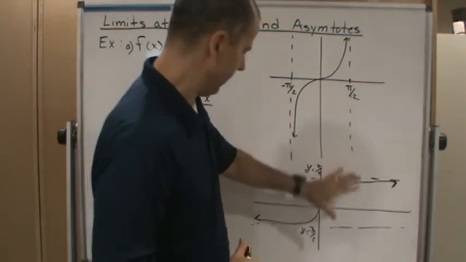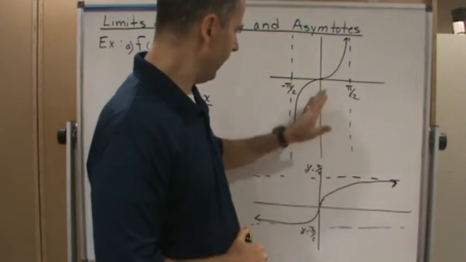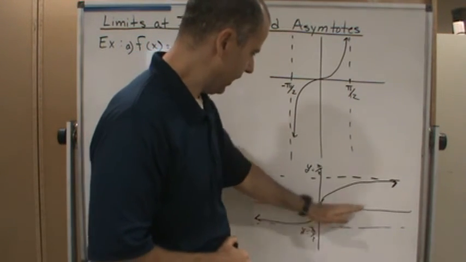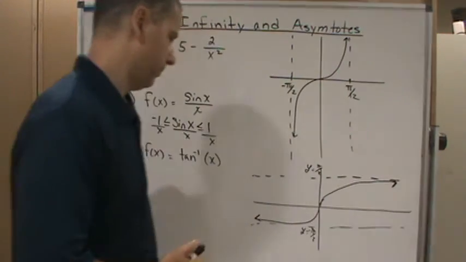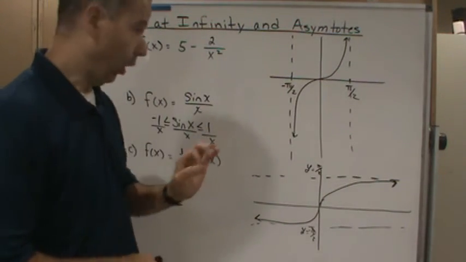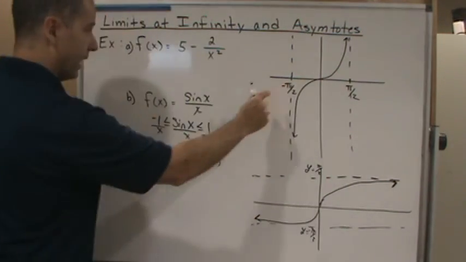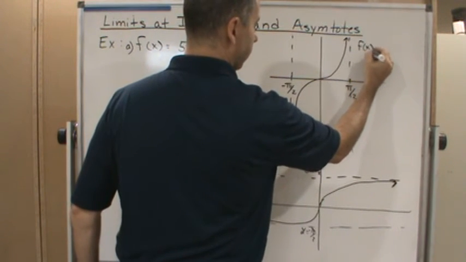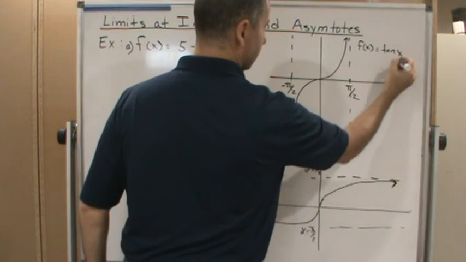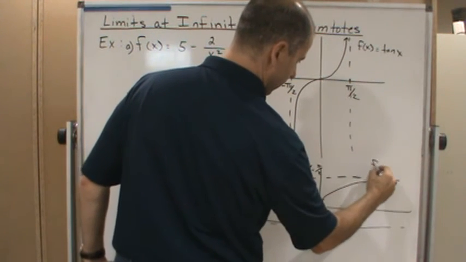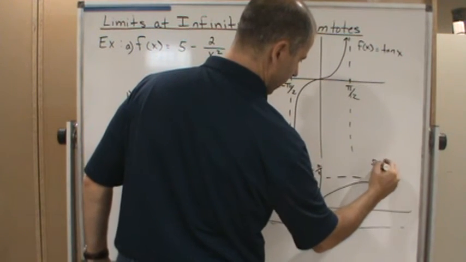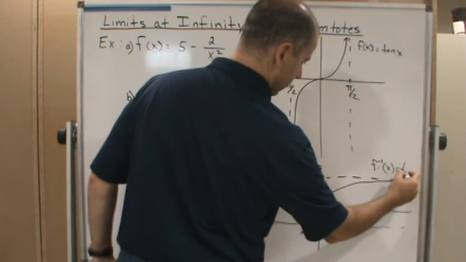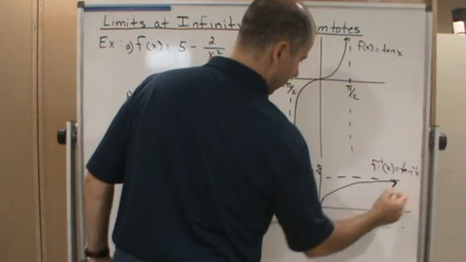You can look at the graph and deduce that since this is a reflection across y equals x, I get this, and then you can determine what the limits are. Or you can look at tangent x, so this is f of x equals tangent x, and we'll call this f inverse of x, which would be tangent inverse of x.